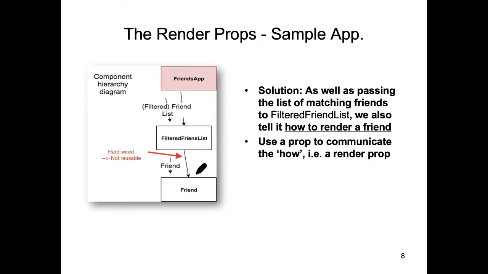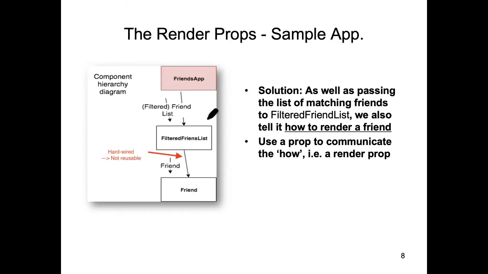So this kind of hard coding or hardwiring or static relationship isn't going to work for me. I'm still going to be passing my array of friends down into this component, and this is the one that's going to be changing as a result. But as well as passing the array of friends, I'm going to pass down an additional prop, which is going to be my render prop.